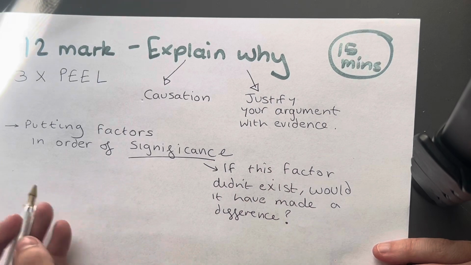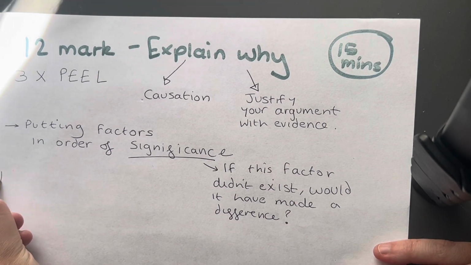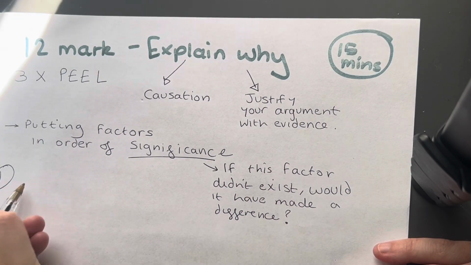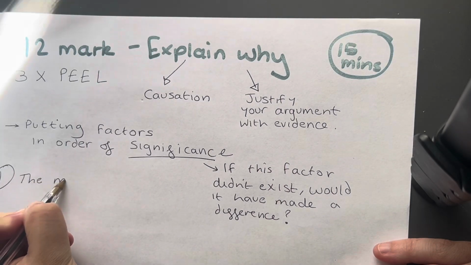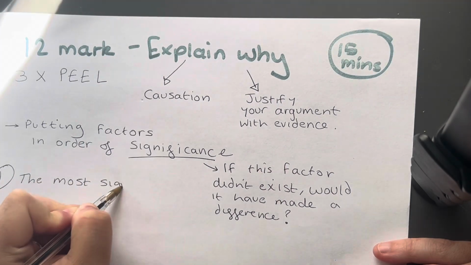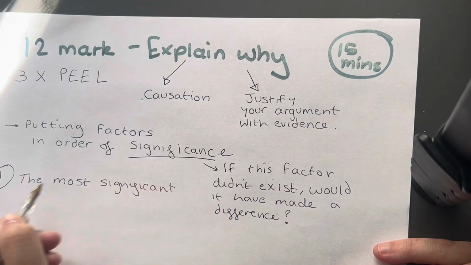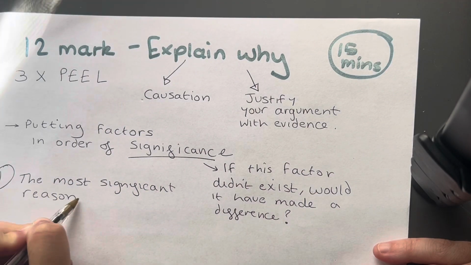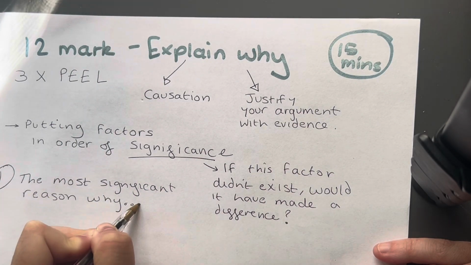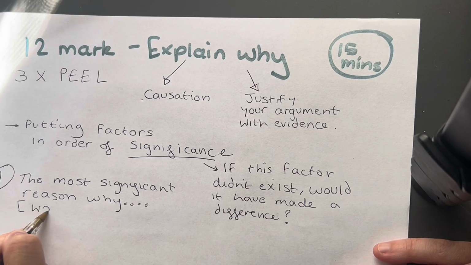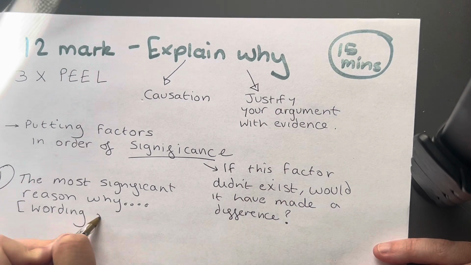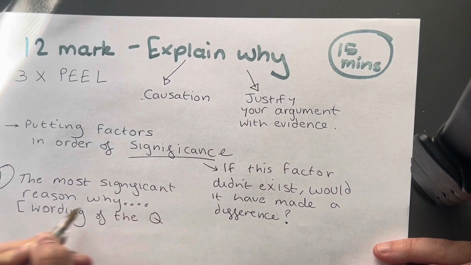So, some sentence starters. Paragraph 1, you're going to start with the most significant reason why. And then what you're going to do is use the wording of the question in your answer.